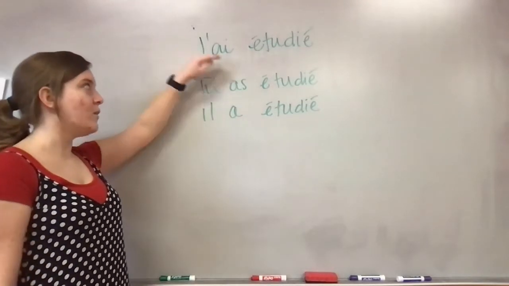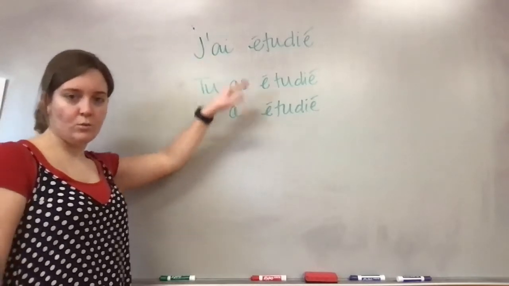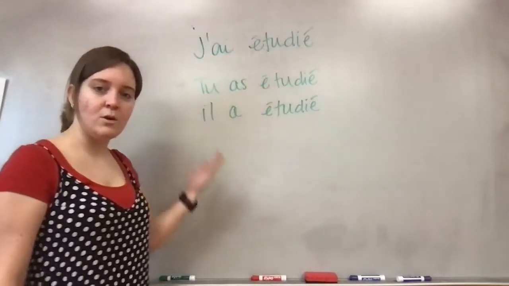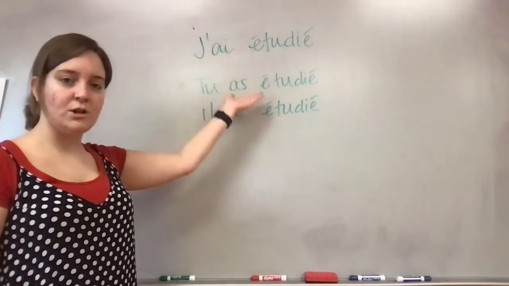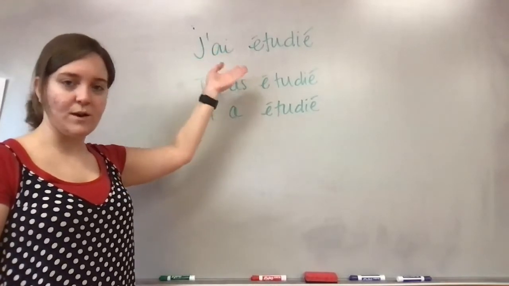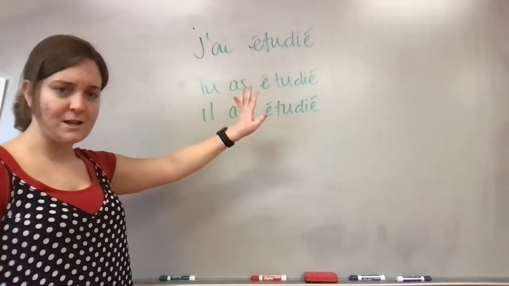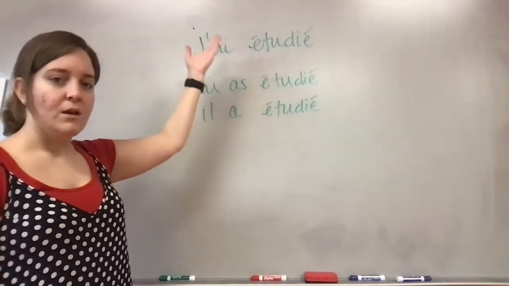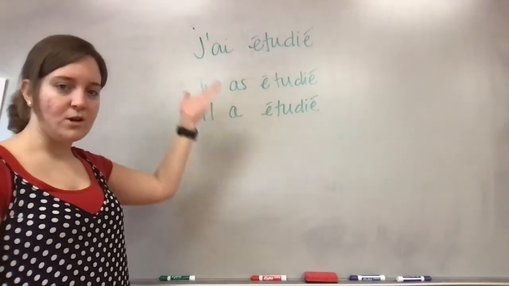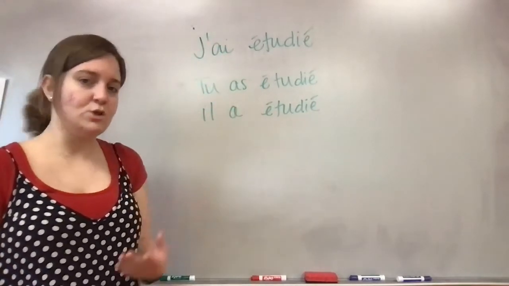All right, so we have our conjugation with avoir, we have our past participle. And you notice that our past participle does not change in these different ones. So we don't have to worry about any conjugations, any endings, anything like that. So this past tense, very simple. Your past participle remains the same. Conjugate avoir, you guys already know avoir, should know it very well.